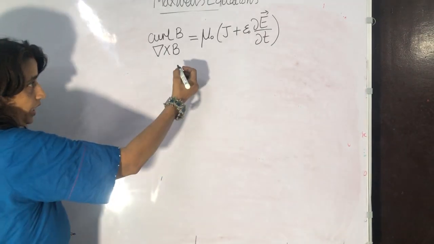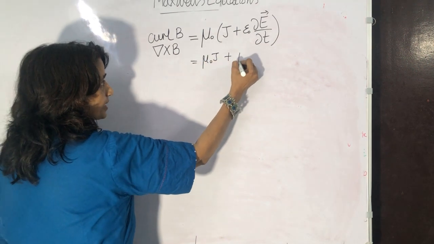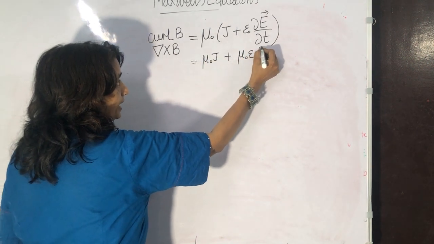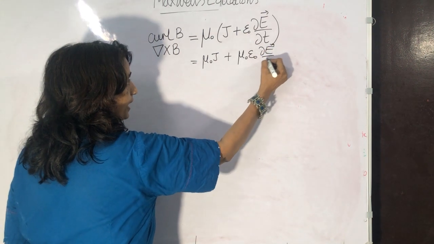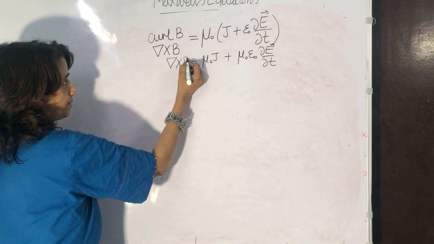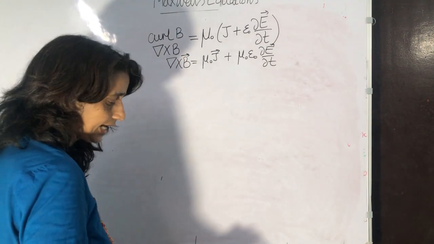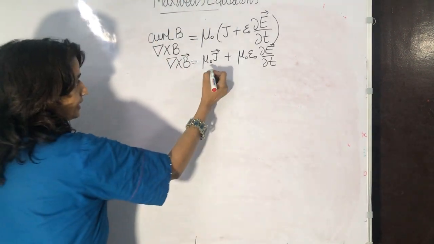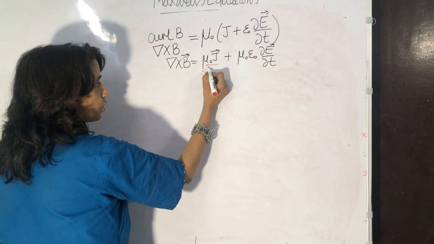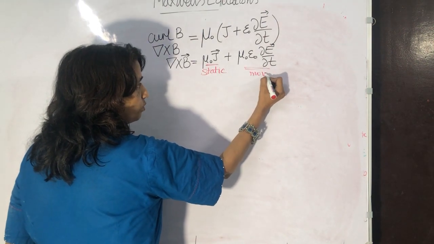Now, I open the bracket. It is mu naught J plus mu naught epsilon naught del E by del T is del cross B, right? Now this is due to static charges. This is the old Ampere's law, so it is the static charges, and these are the moving ones.